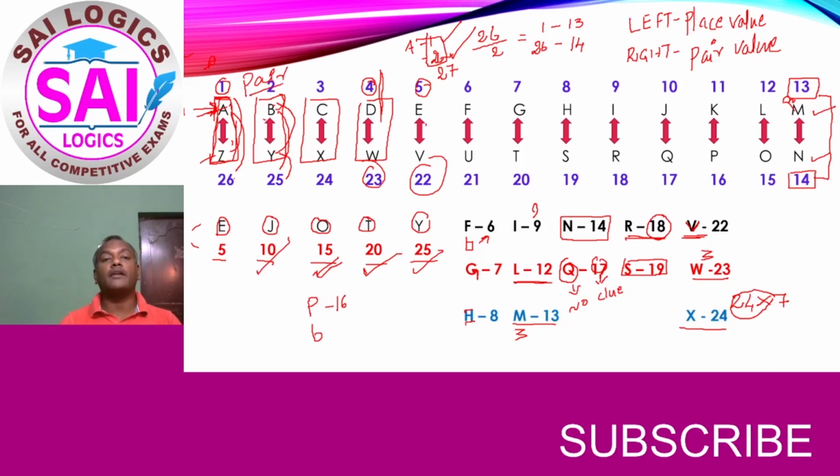Any two alphabets whose sum is equal to 27 need to be called as pairs. Here AZ will become a pair, BY is a pair, CX is a pair, DW, EV, likewise IR, every two alphabets whose sum is 27, they are to be called as pairs.